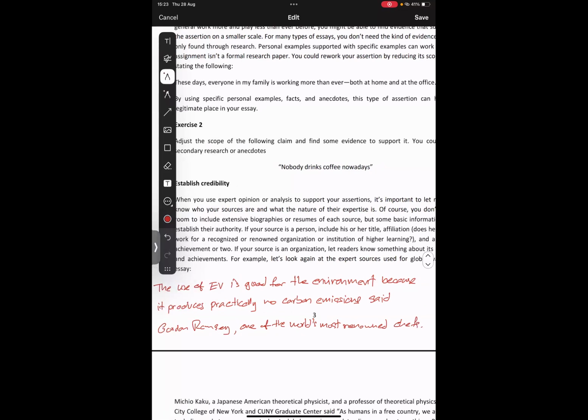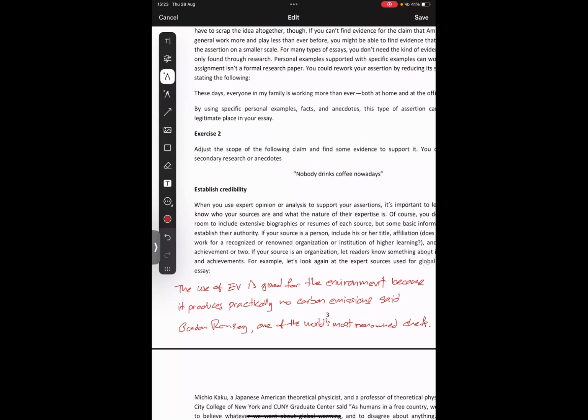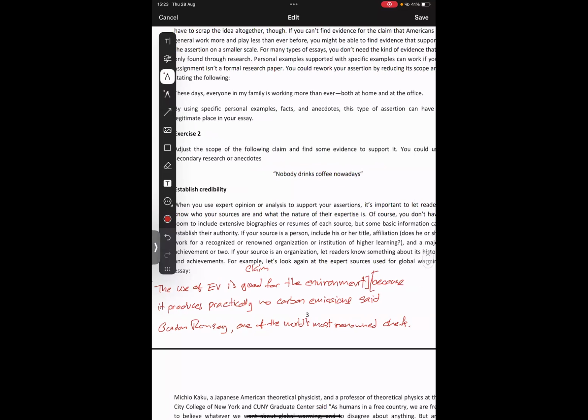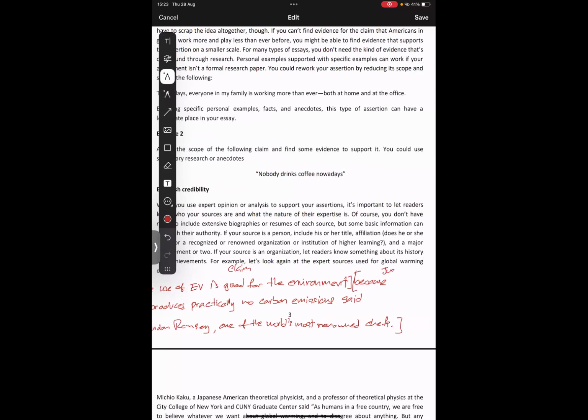Okay. Now, if you make this claim, the use of EV is good for the environment, here's the claim. This is regarded as a claim. Anything that follows because is your justification or your reasoning.